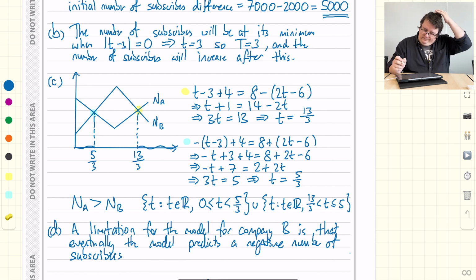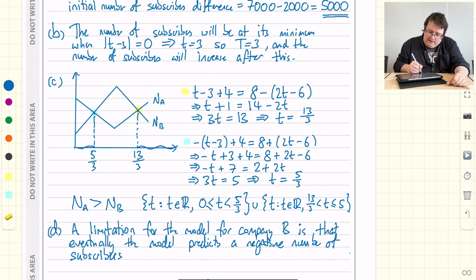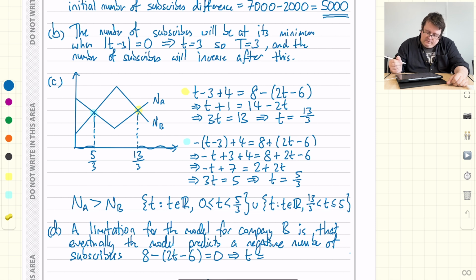So, can we work that out? If you just look at the negative part of the graph, so 8 take away 2t take away 6, and you put that equal to 0, then add 6 to both sides, so 2t is 14, so t is 7.